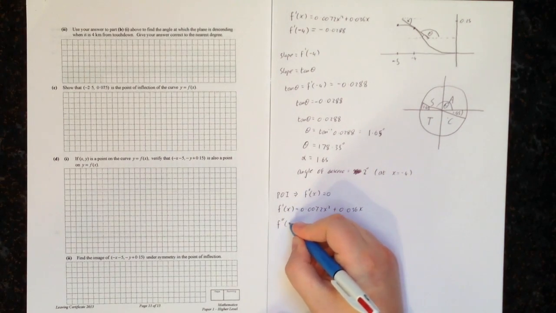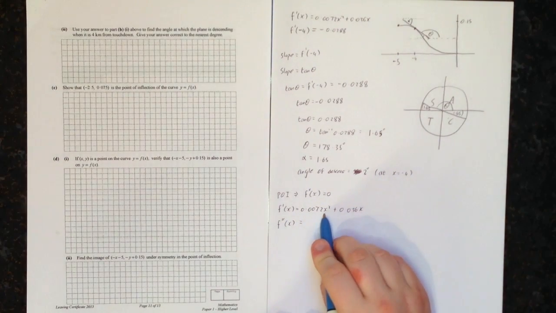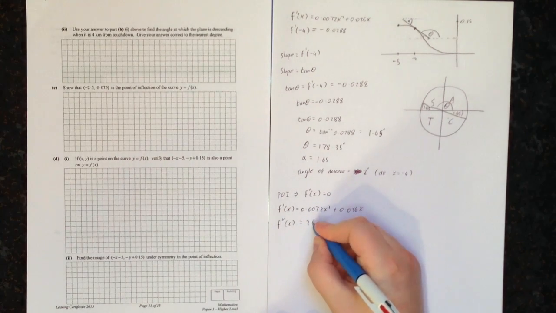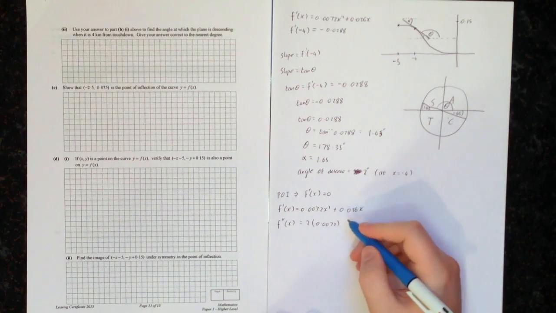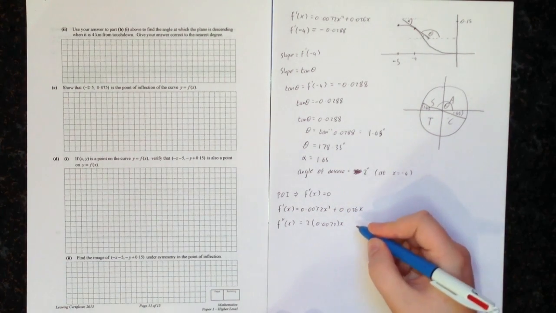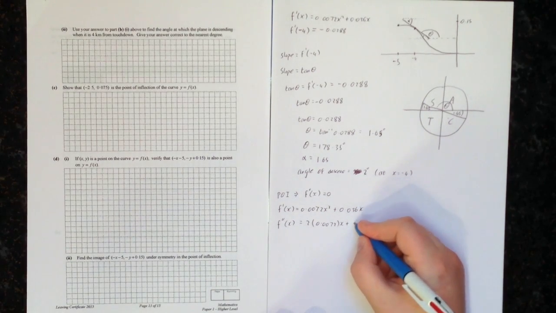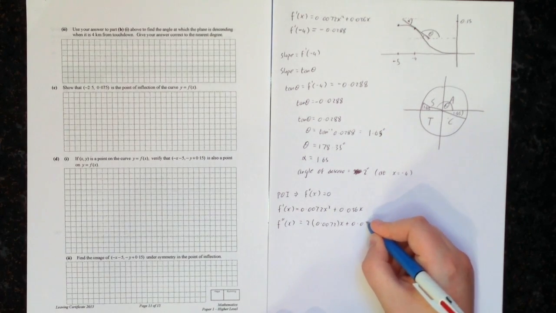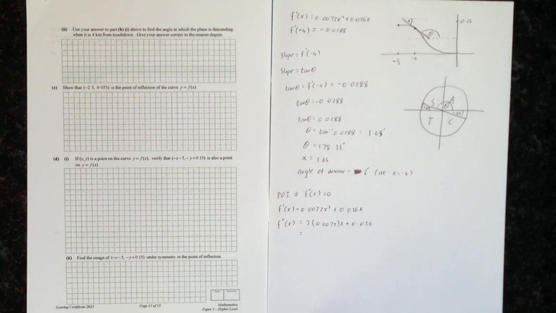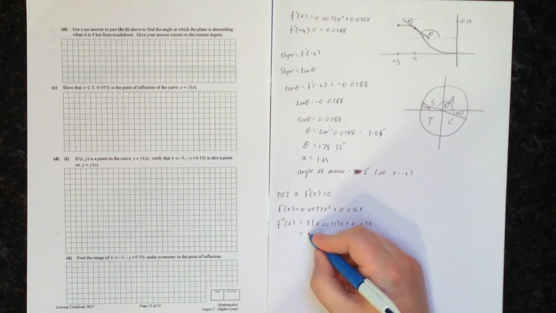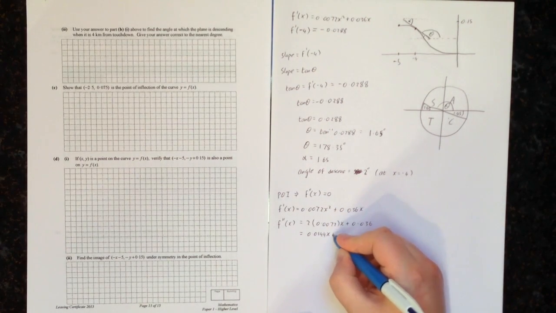Get f dash dash of x will be equal to, and we have x squared, so we want to multiply by the power, which is 2, 0.0072, and then we want to reduce the power of x by 1, so 2 minus 1 is just 1, and then here we have x to the power of 1, so the x just disappears when we differentiate to get 0.036. So the second derivative is going to be equal to 0.0144x plus 0.036.